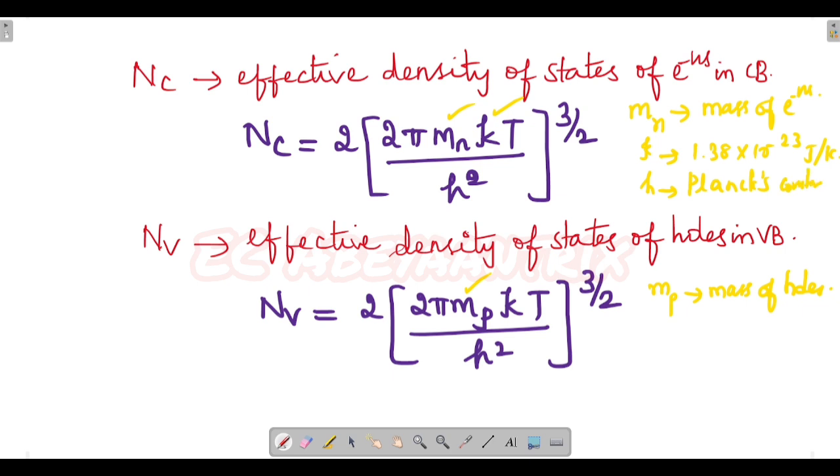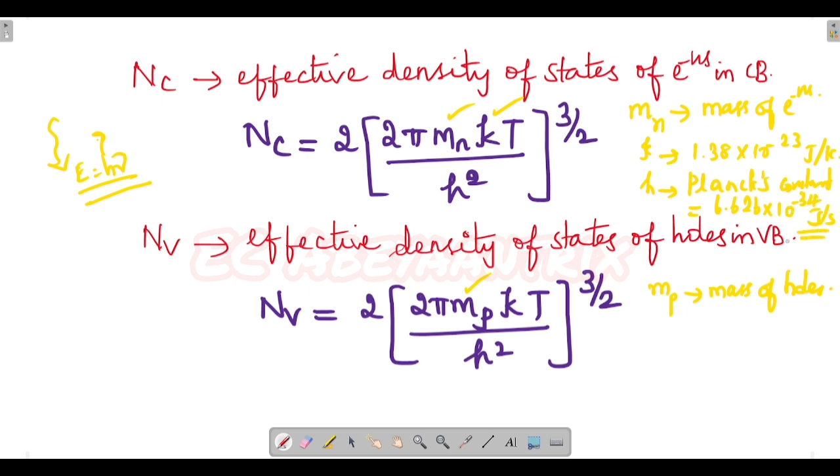Because the electron has to absorb some energy, that energy is E equal to h nu, and h is Planck's constant. You might have learnt the Planck's constant value in the previous chapters: 6.626 into 10 power minus 34 joule second.